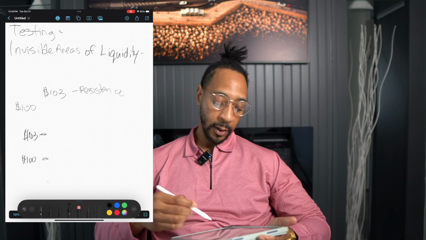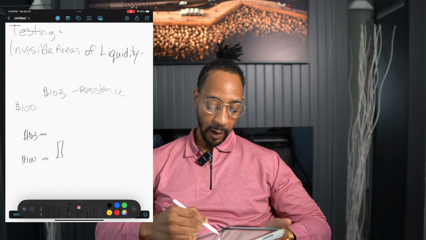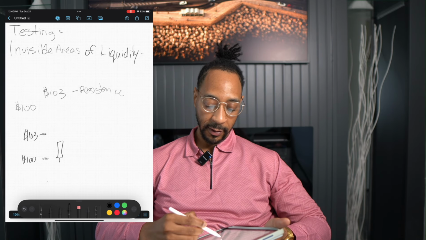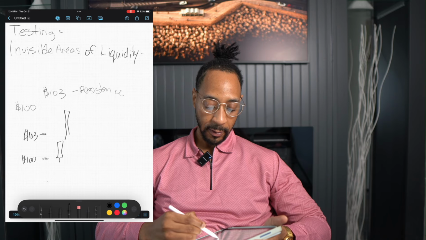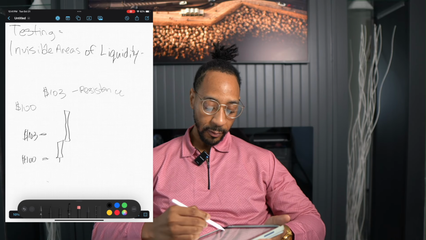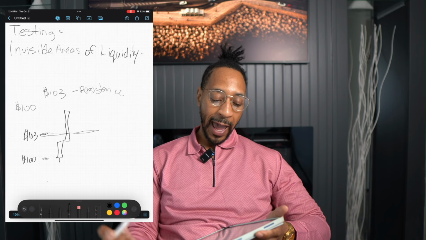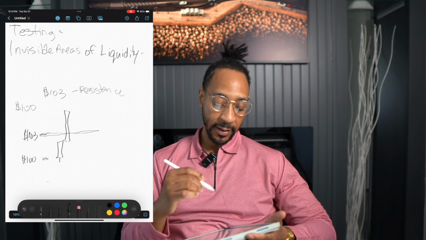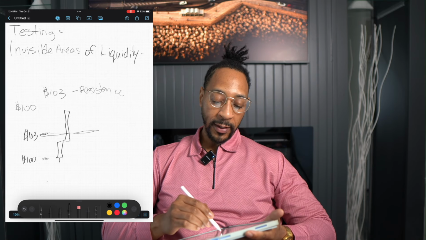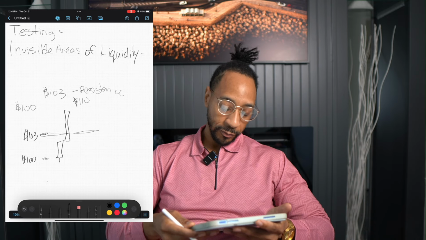The stock comes up, and then the next candle looks like this. Now this is the resistance right here. Let's say the target is 110. The stock is going to go to 110.